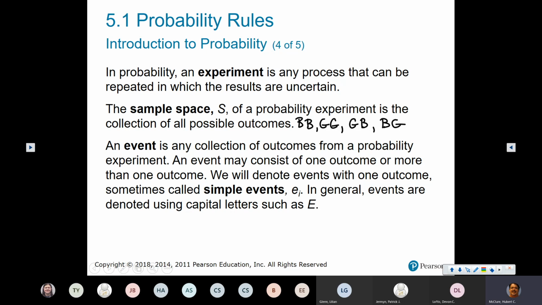An event is any collection of outcomes from a probability experiment. So that would be an event. The event is 2 children. Write that down. The event, what? The probability of 2 children. A couple wants to have 2 children. That's the event. The sample space is what are the possible outcomes.